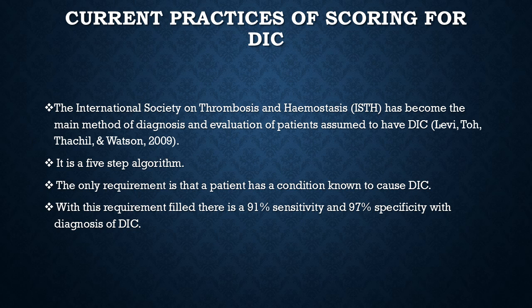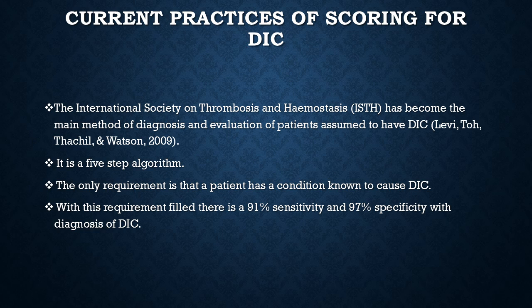These laboratory values are then put into use through our current practices for scoring of DIC. The International Society of Thrombosis and Hemostasis has become the main method of diagnosis and evaluation of patients assumed to have DIC. It's a 5-step algorithm, the only requirement being that a patient has to have a condition that we've already discussed.